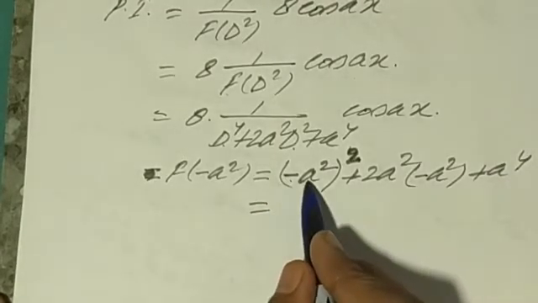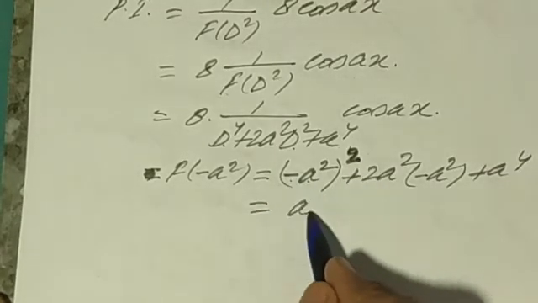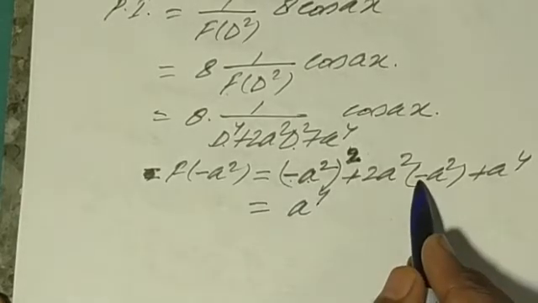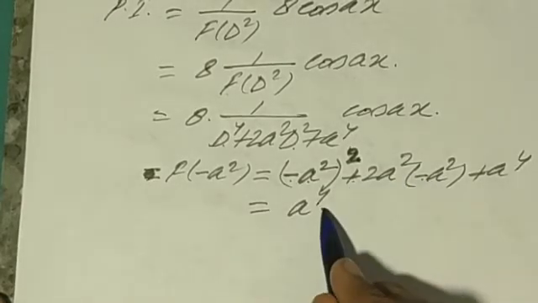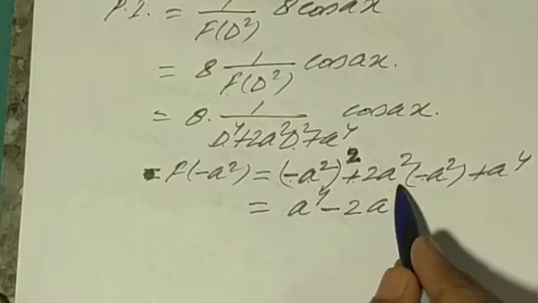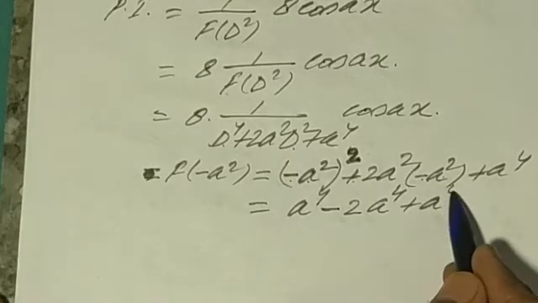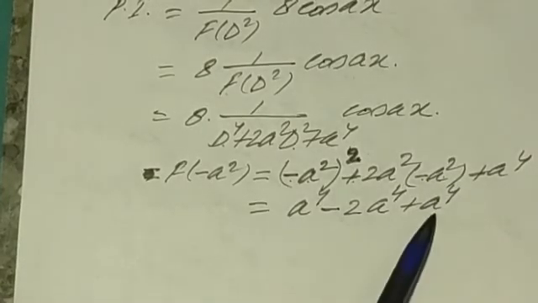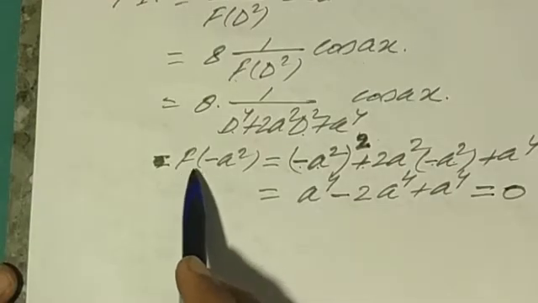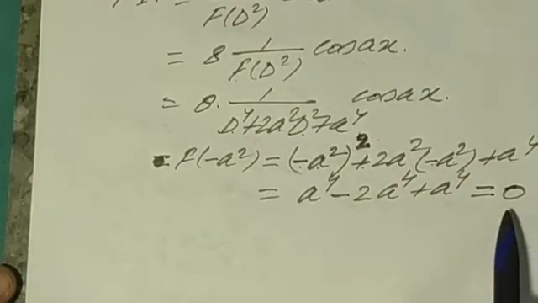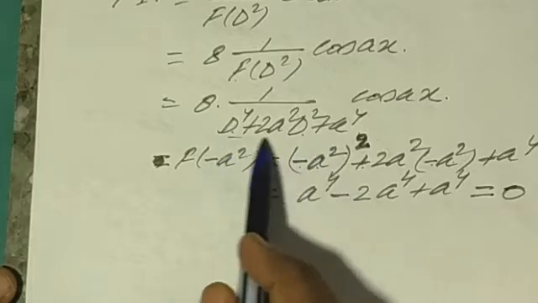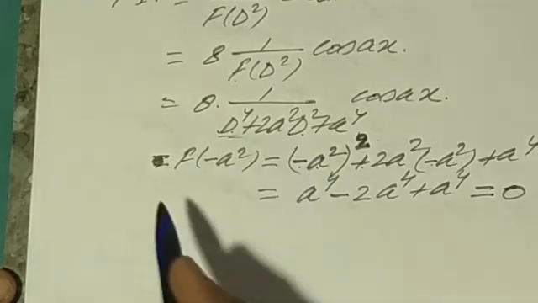Simplifying, we get (-a²) whole squared, a raised to the power 4, and we open up this bracket, then these two signs will multiply, minus 2a² into a² plus a raised to power 4 plus a raised to the power 4. So 2 positive a raised to power 4 and 2 negative. So f(-a²) is 0, and we need to differentiate this expression, that is f(D²).